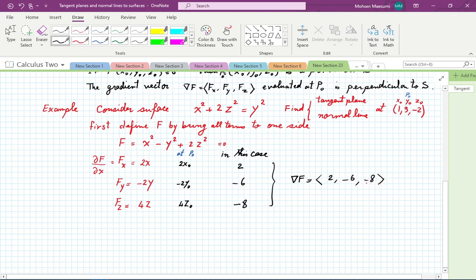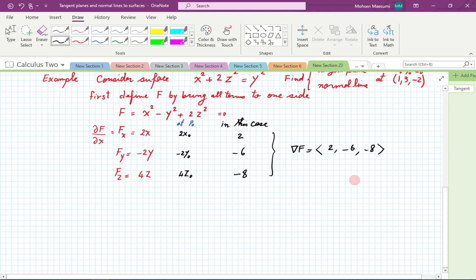What is the claim to fame of this gradient? Well, really it is the big player here. It is the direction of the vector that's perpendicular to our surface. That's what we said, it's perpendicular to our surface. And okay, how do we make use of it? Here, remember from basic geometry, if I have a vector here, let's call it the gradient of f is this vector.